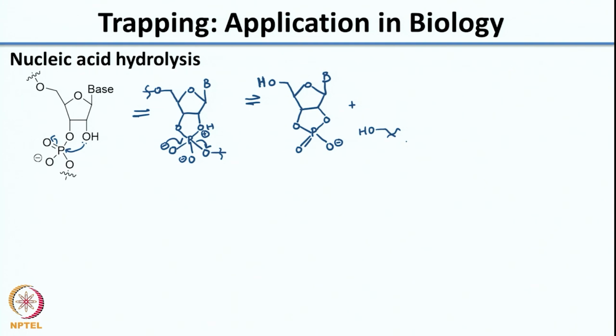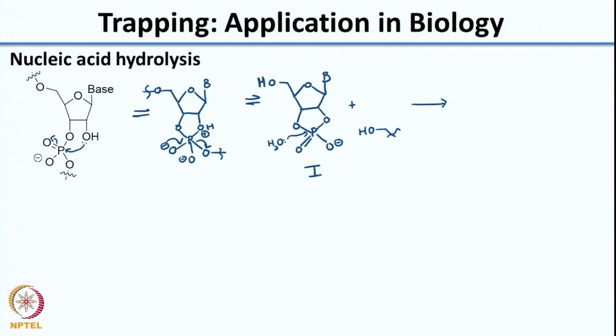So this intermediate would then react with water to give you your final hydrolyzed products. Now what is the proof that you have this intermediate forming, this sort of a cyclic intermediate?